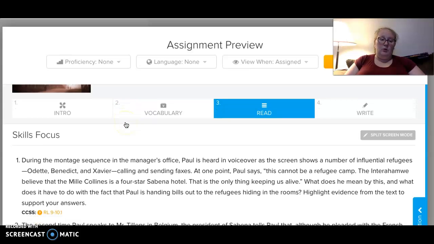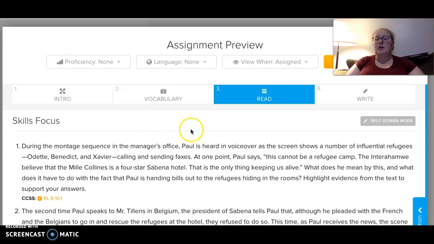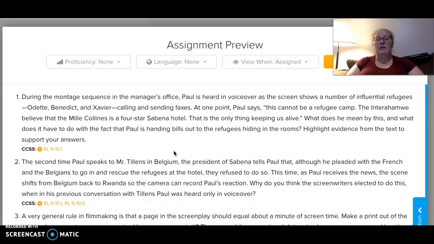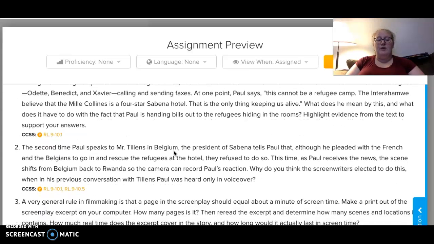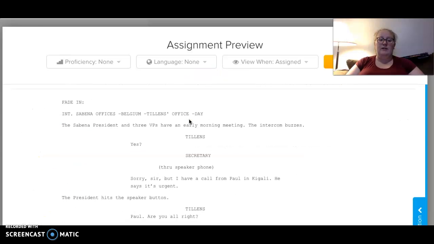So your excerpt here is about a man named Paul. He is Hutu, but his wife is Tutsi, so he's considered a traitor. He runs a hotel that is owned by a Belgian company. He has a bunch of Tutsi refugees hiding out in his hotel, and he's calling the Belgians and saying, what can you do?